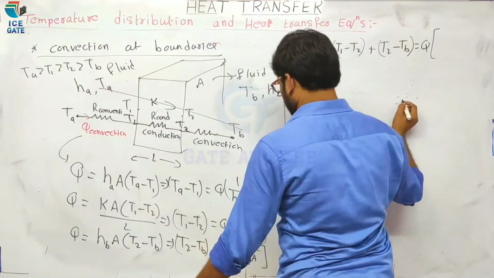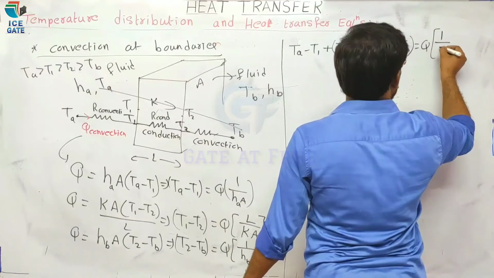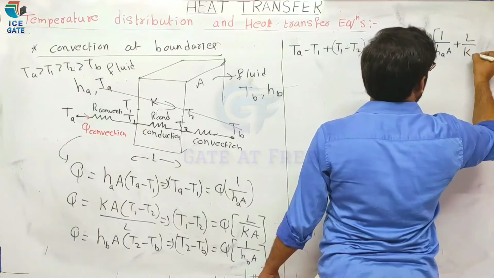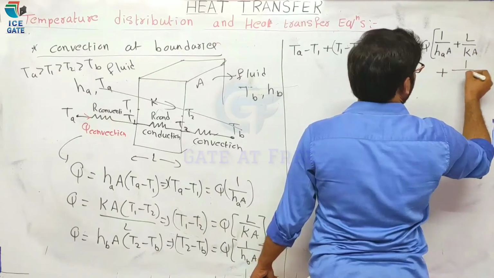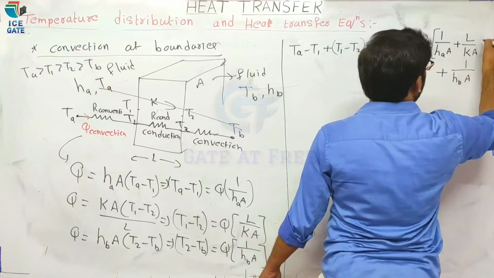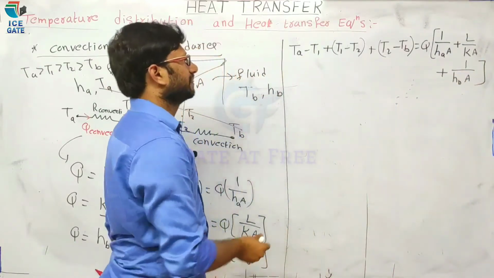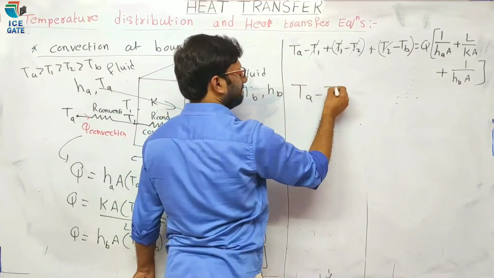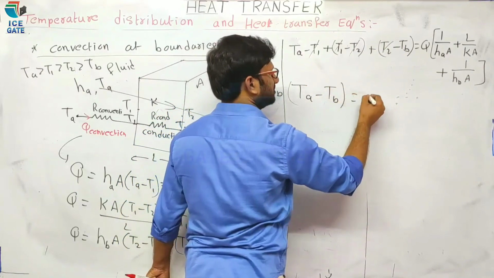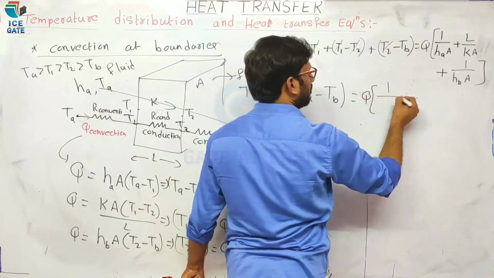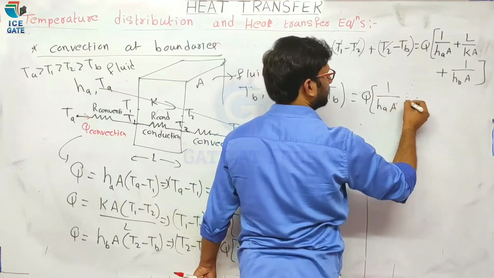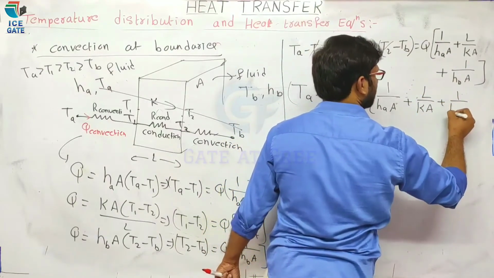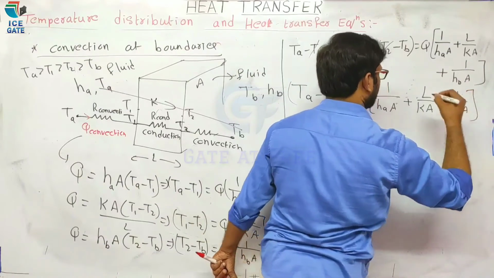Now Q is equal to 1 by HA plus L by KA plus 1 divided by HB into area. Now here T1 cancels, T2 cancels, remaining TA minus TB is equal to Q into (1 by HA into A plus L by KA plus 1 divided by HB into A).